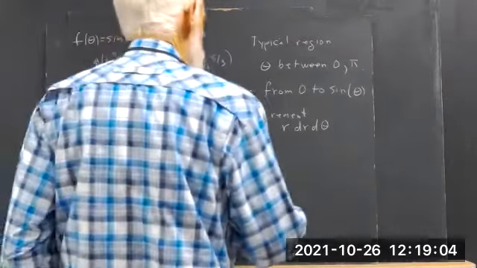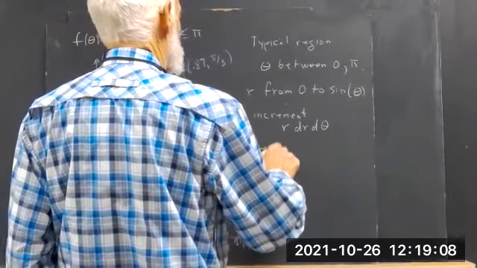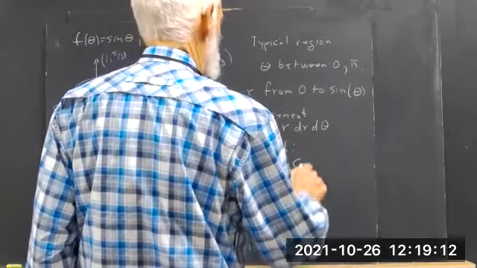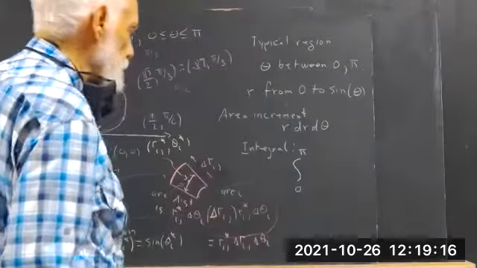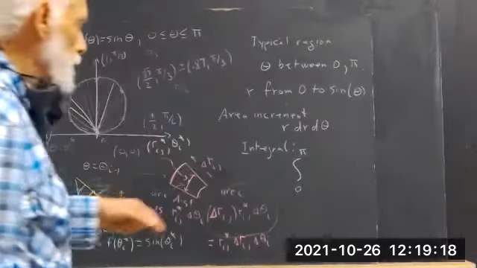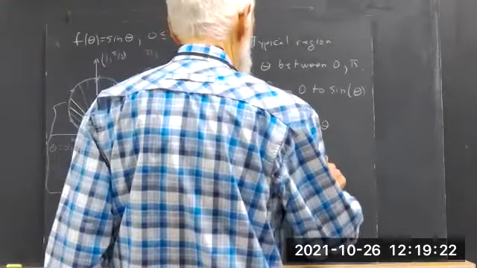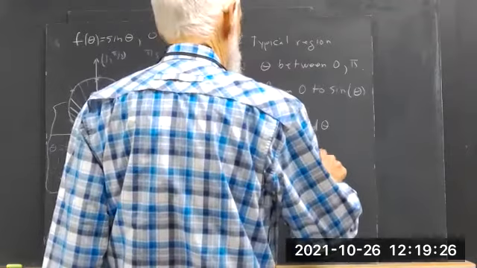Okay, so now what do we do? Our integral is the integral, in this case from 0 to pi, because theta goes from 0 to pi, and for any given theta, r goes from 0 to sine theta.